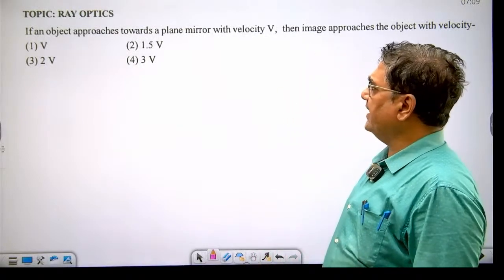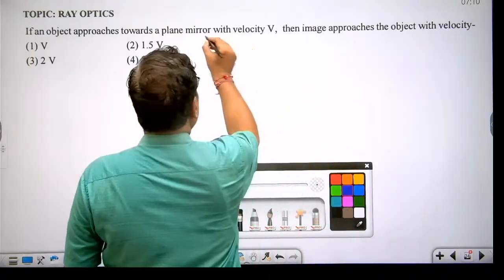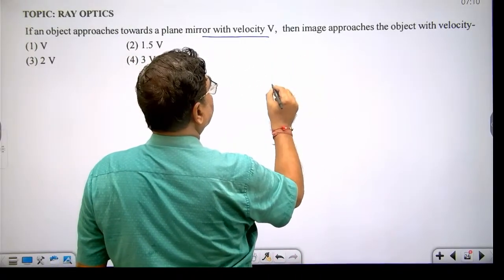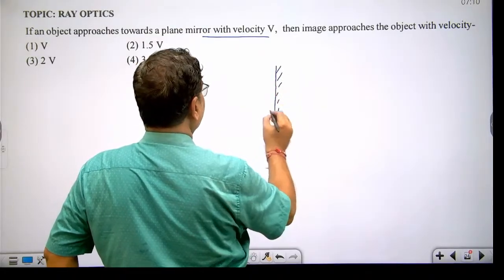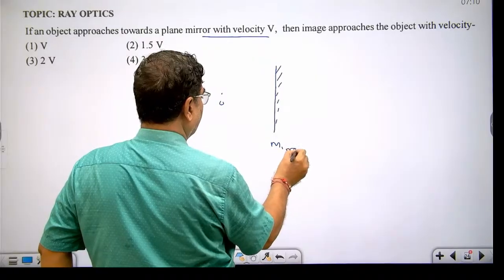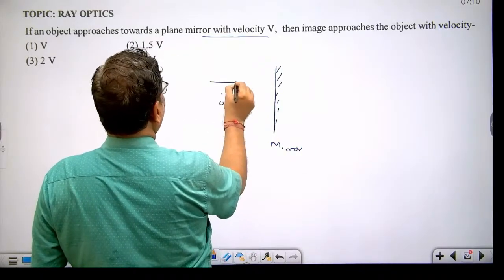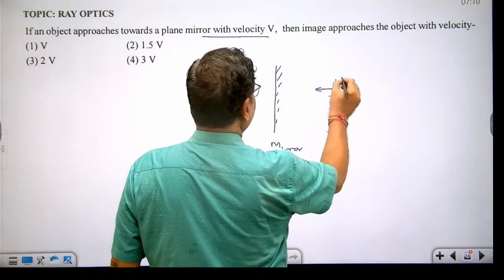If an object approaches a plane mirror with the velocity v, the image approaches the object with what velocity? This is the object, this is the mirror. The object is approaching the plane mirror with velocity v. The velocity of the image will also be v in this direction.